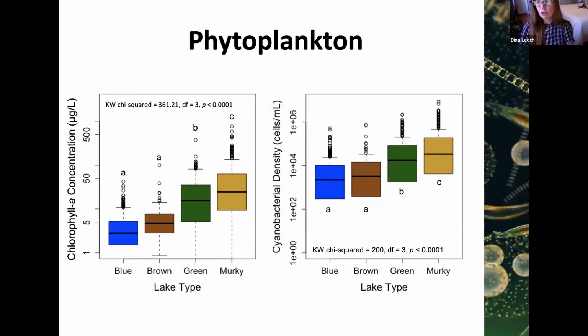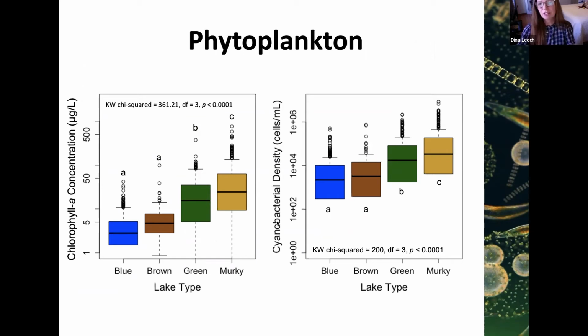Okay, when we dove into the biological data, we in fact saw that these murky lakes have more algae, measured as chlorophyll here. So they have more algae associated with them compared to the other lake types.